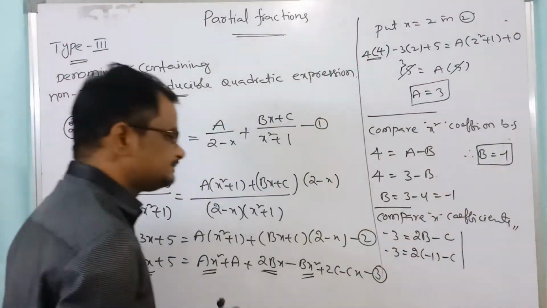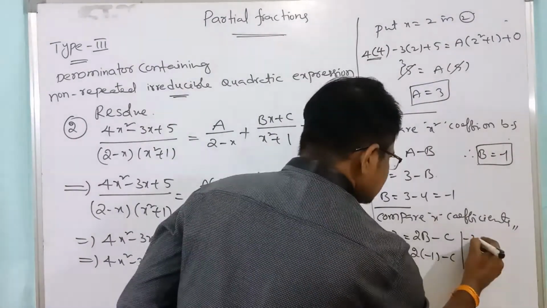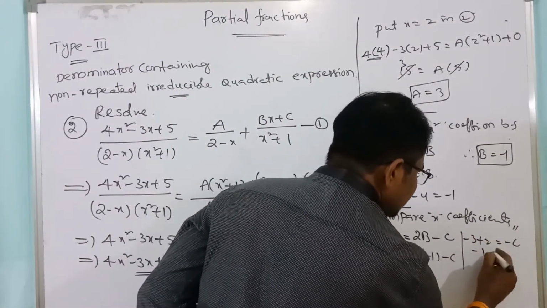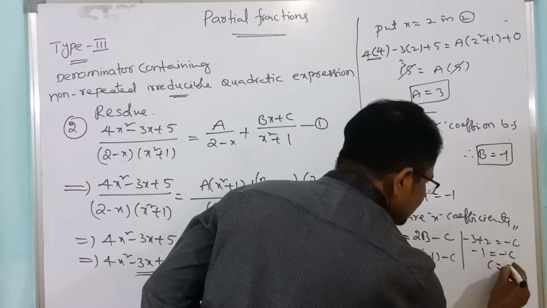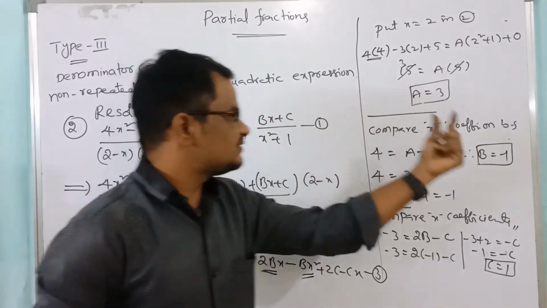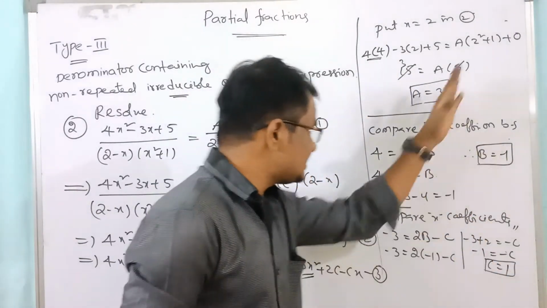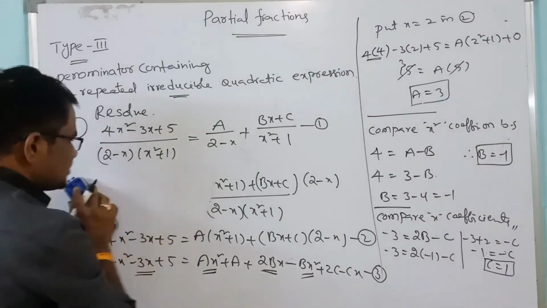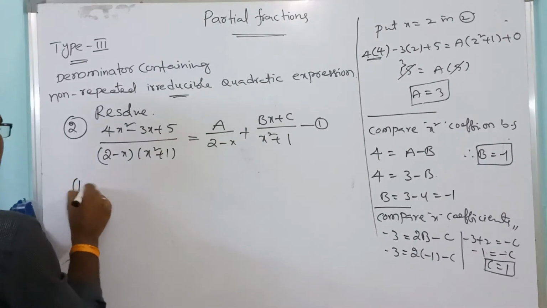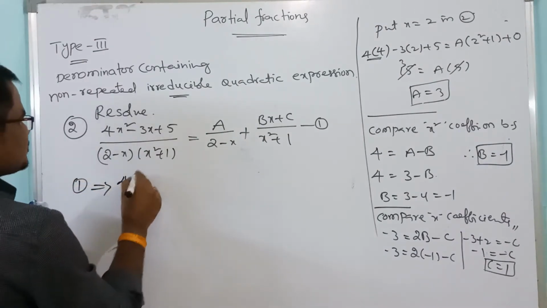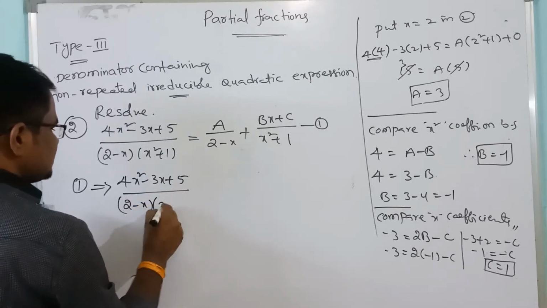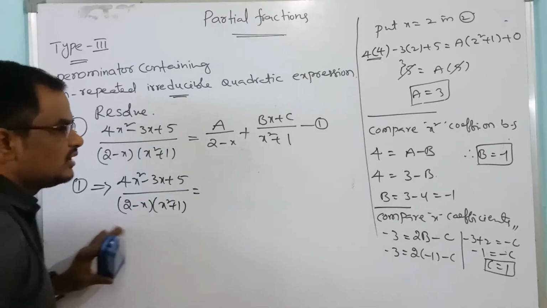Now if you simplify, minus 3 plus 2 equals minus c, so minus 1 equals minus c. Now c equals 1. So a value is 3, b value is minus 1, c value is 1. These three values substitute in equation number 1. Now equation number 1 becomes (4x square minus 3x plus 5) divided by (2 minus x) into (x square plus 1) equals a value.